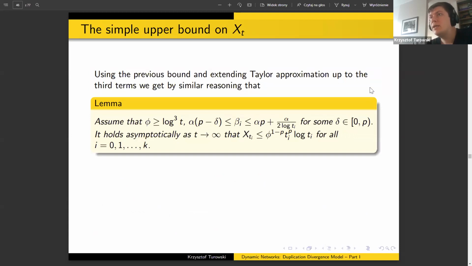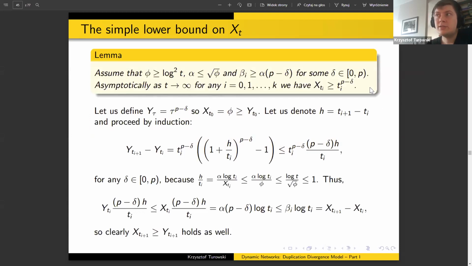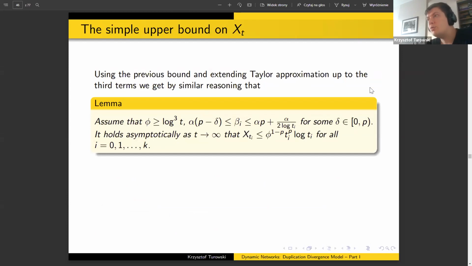Okay. And then we can use this lower bound to prove the upper bound. To prove the upper bound, we have that x_t does not grow faster than t to the p times logarithm of t times some factor dependent on phi, but it is good because phi is polylogarithmic. It has to be at least polylogarithmic, but eventually we want it to be polylogarithmic.